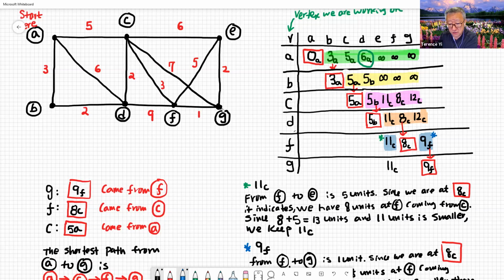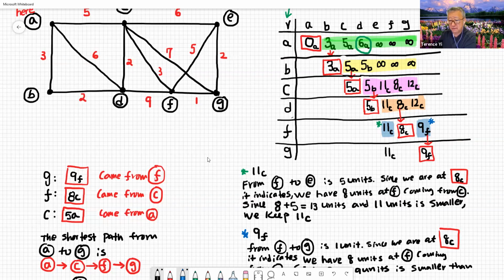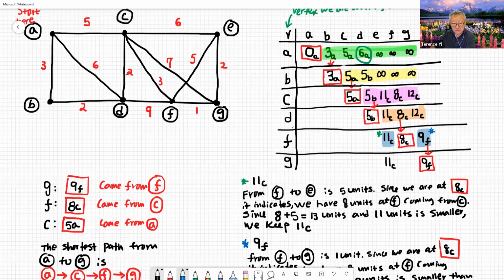If you want to go through G, you got 8 plus 1, 5 plus 3 plus 1, that's 9. And then compare that to the one coming from C and D. In other words, instead of coming from A, C, F, G, the 12C that you're looking at right here is going to be coming from A to D, and then going up to C, which is A to D, D to C, then C to F, and F to G, and that's going to be a 12.